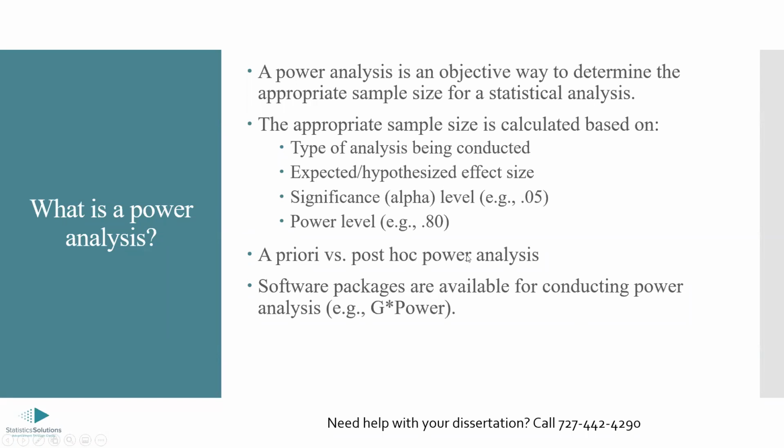Post hoc power analysis is done once you've collected your data and run your analyses, you've completed your data collection, and you're trying to figure out the achieved power of the analysis you just ran. When doing a post hoc power analysis, you enter in your final sample size. It's kind of doing the reverse of an a priori.